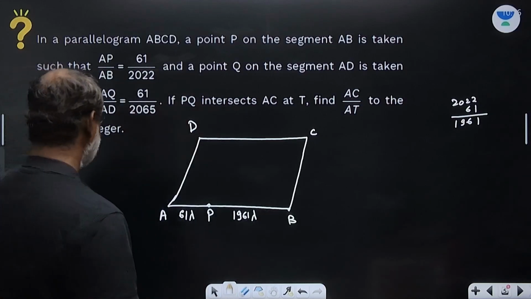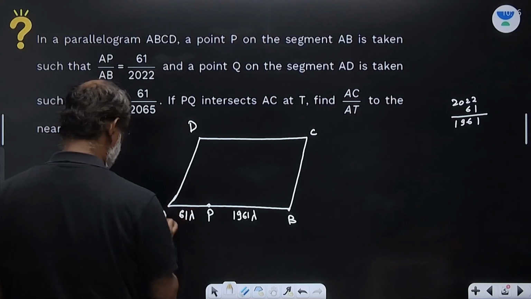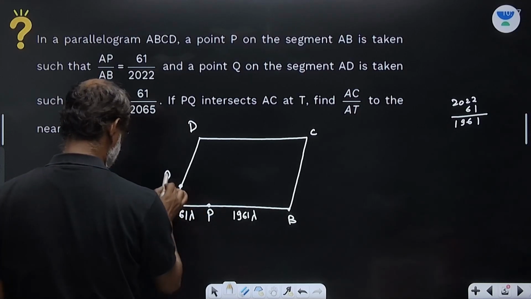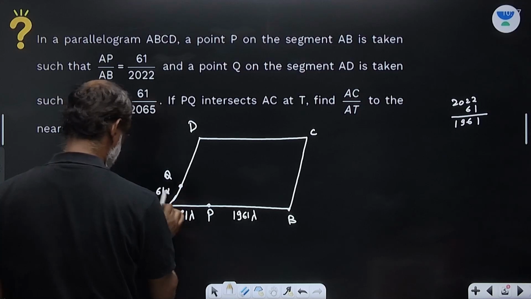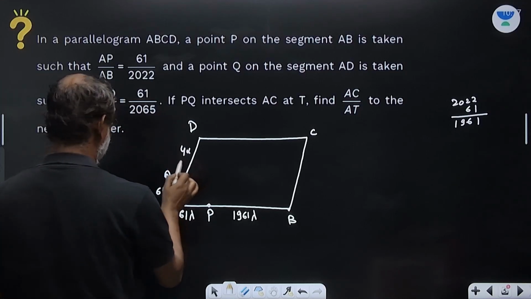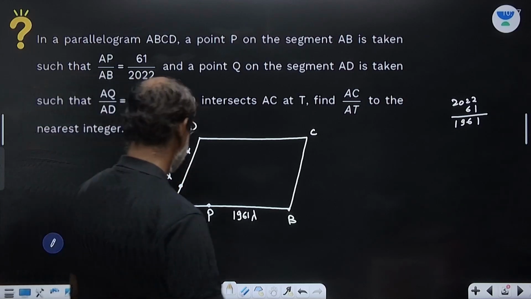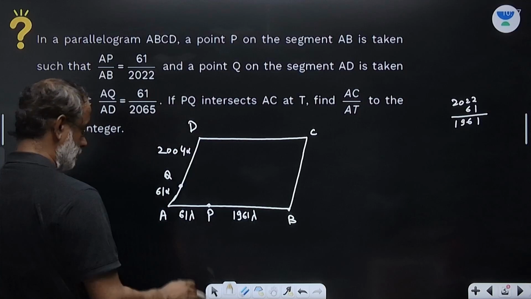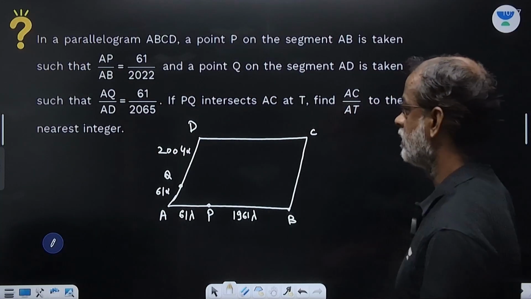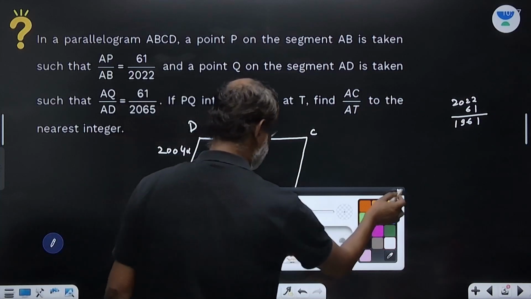And a point Q on segment AD is taken 61 by 2065. Okay. So, two 5 minus 1, 4, 6 minus 6, 0. Okay. This is the situation. AD such that if PQ, now we are drawing PQ.